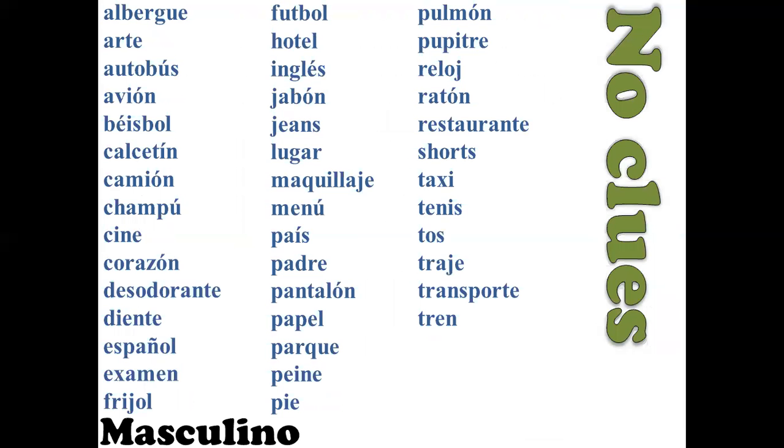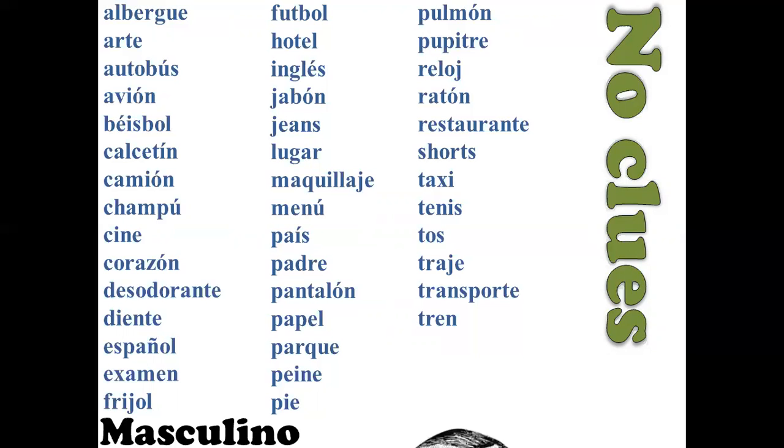Now, there are a lot of nouns that don't have clues to whether it's masculine or feminine. So, for example, autobús, avión, lugar, maquillaje, menú, tenis. They don't have the basic clues that give you the information that they're masculine.